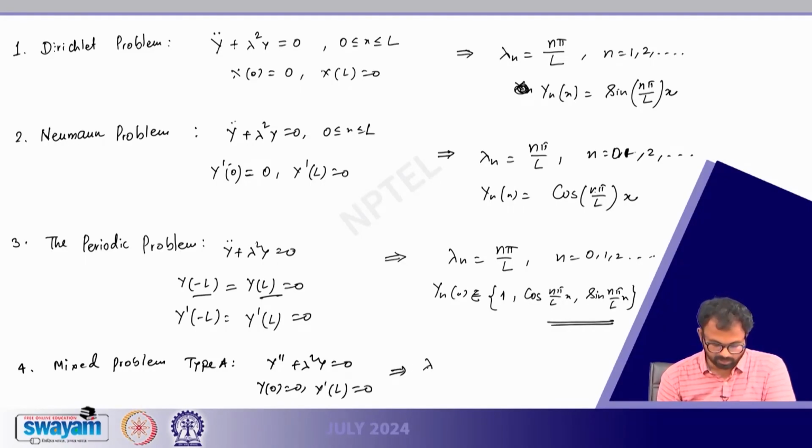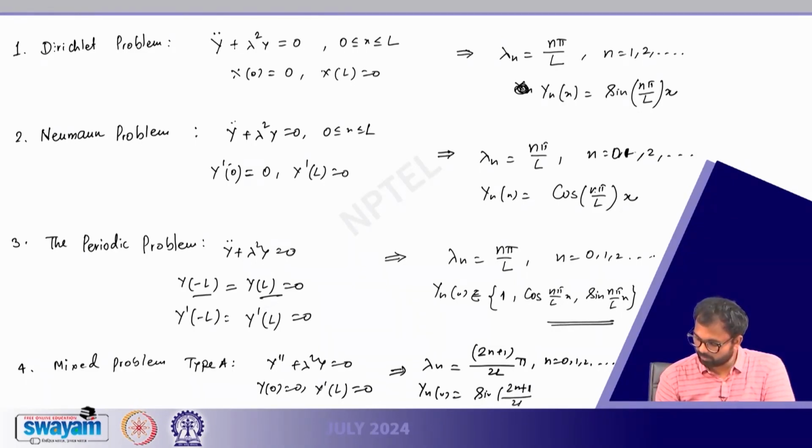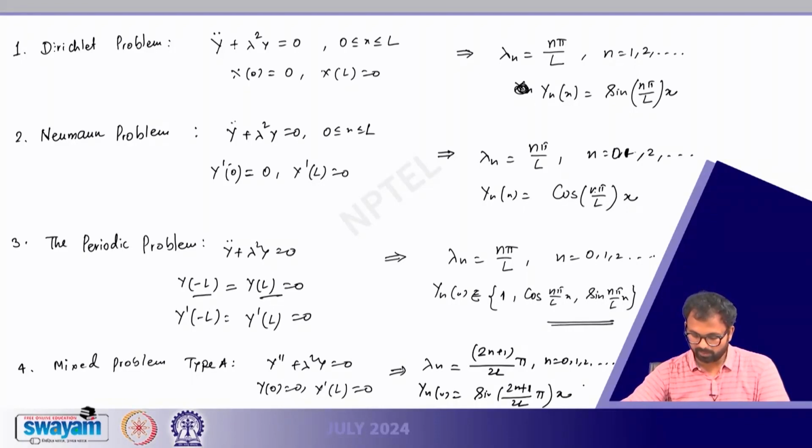From here I will get lambda n equals (2n plus 1) by 2L times pi, where n is running from 0, 1, 2, 3, and so on, and our eigenfunction y n of x will be sine of (2n plus 1) by 2L times pi times x, right. So this is our mixed problem of type A.